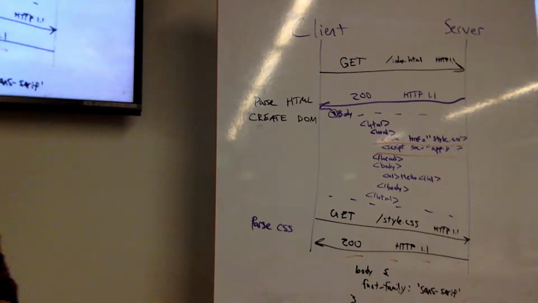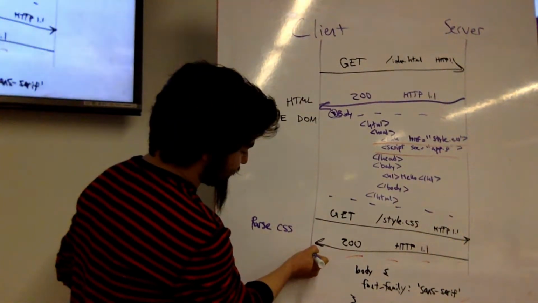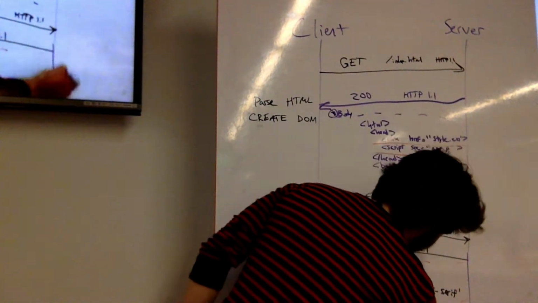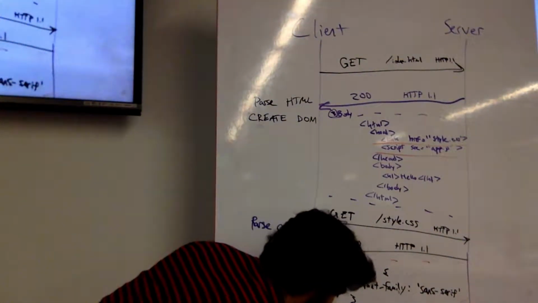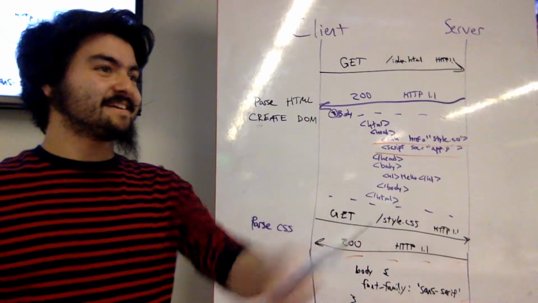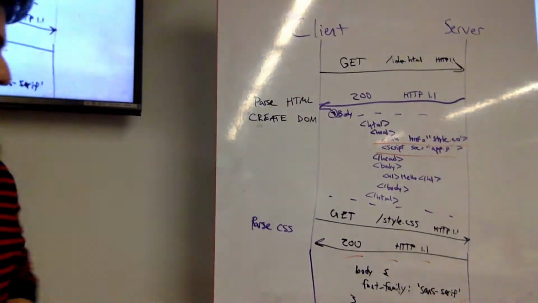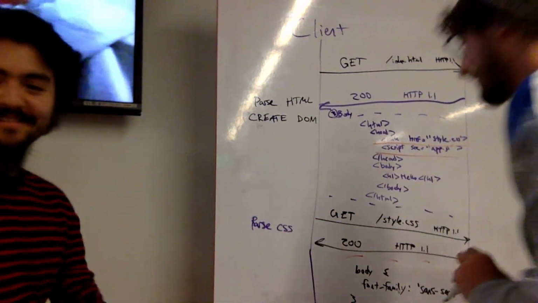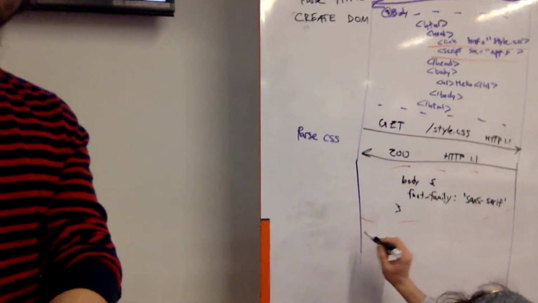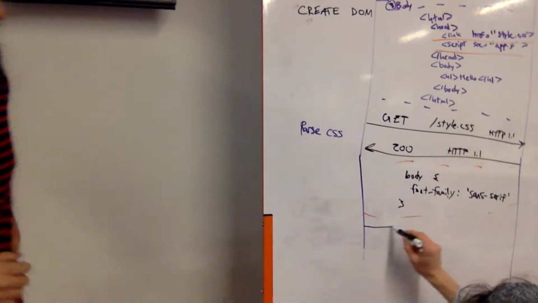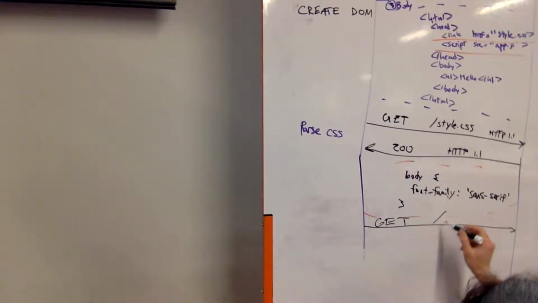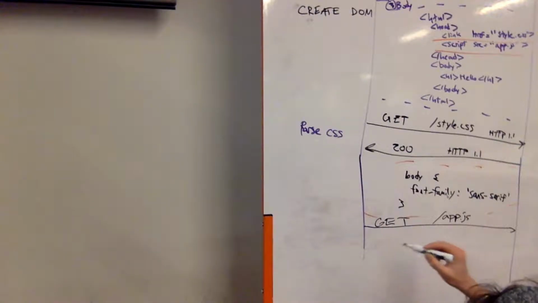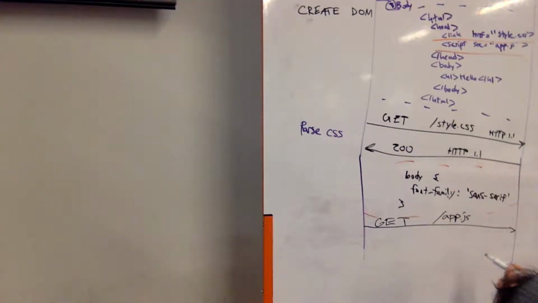Now, based on what I've shown you here, can I have a volunteer to draw what happens next and why? Will? So what happens next and why? All right. So the client is gonna make a request to get the app.js script because it's the next thing down that it needs.